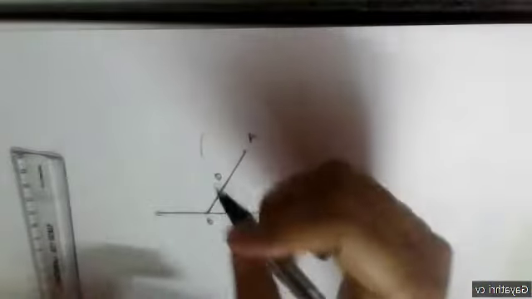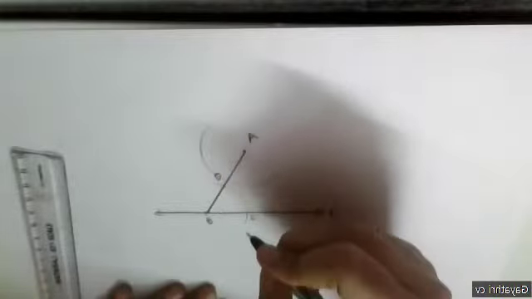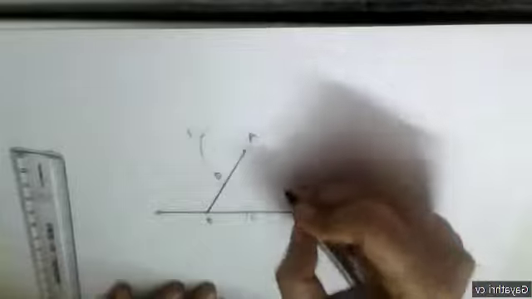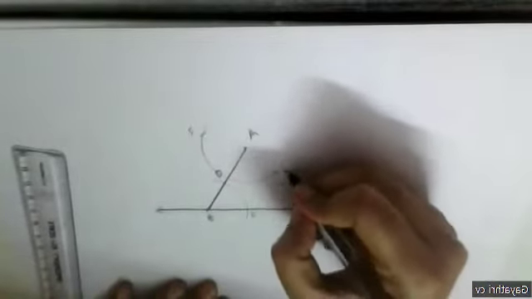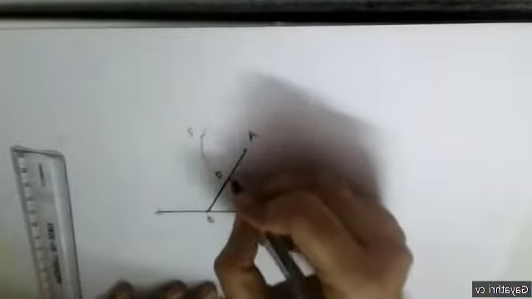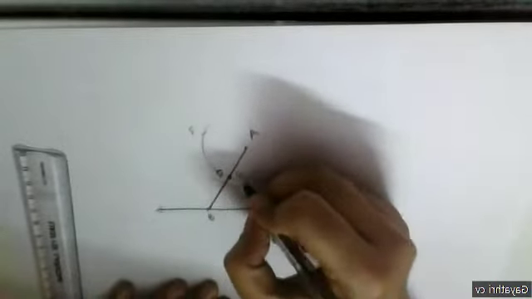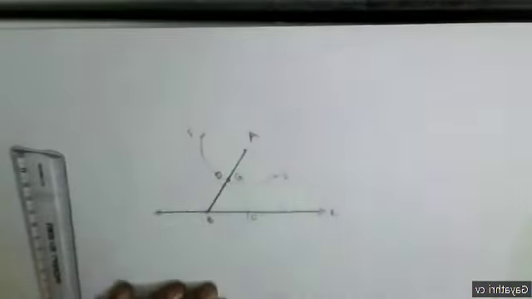I'm going to call this arc FE, this point F, this E, and let's call the point where the arc meets AB as G.